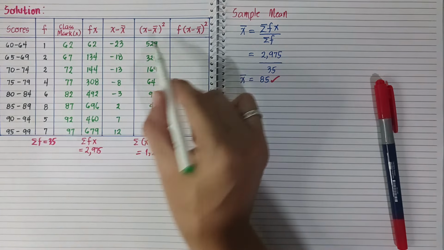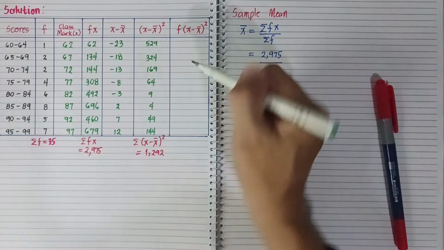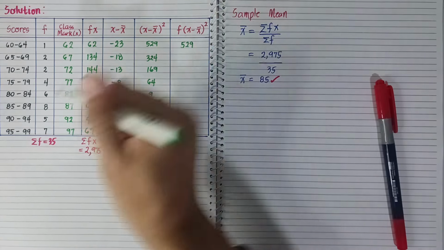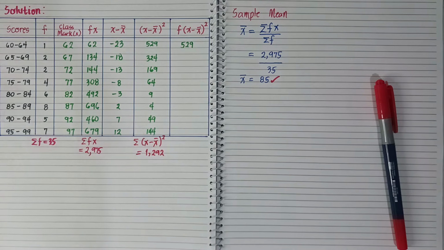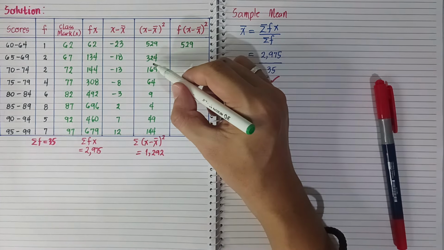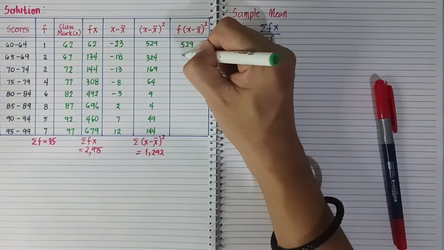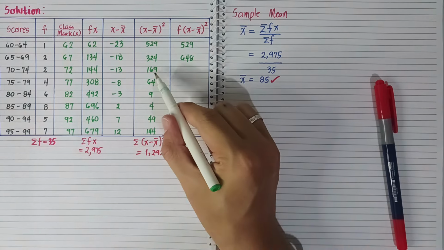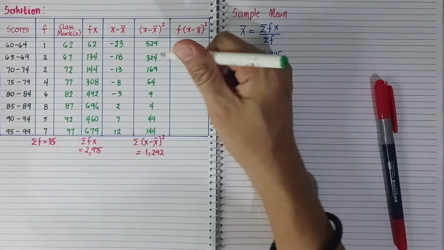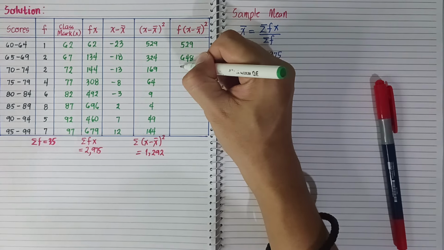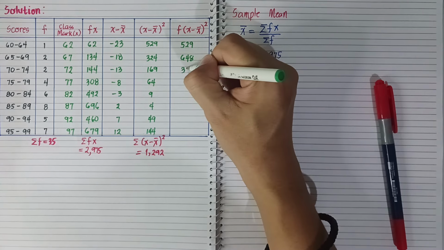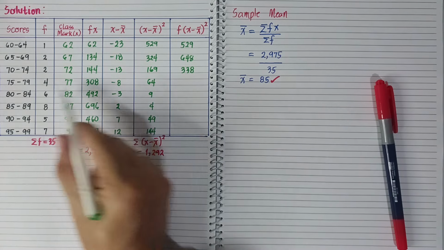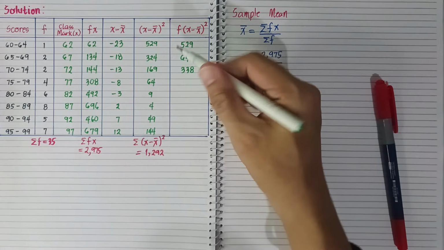So 1 times 529 is 529. And then 2 times 324, that is 648. Tama ba? And then 2 times 169, so 338. Next, so 4 times 64, 256 yan.